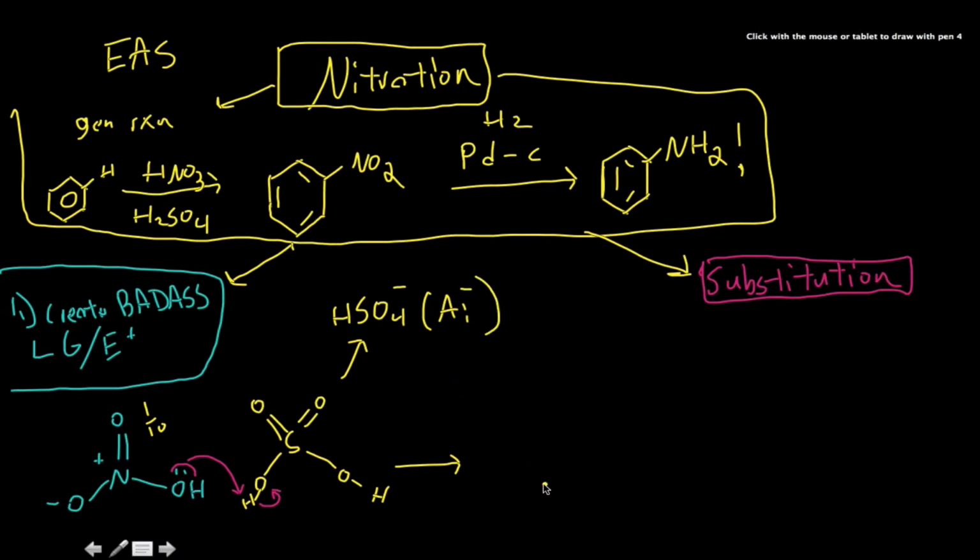And what we get out of this, though, is the most unstable thing, something that you're only going to draw this once. Never in a million years will you ever draw this again. So there's an N, there's an O, there's an O minus, there's a plus there. O, and that's a water group now. Okay, so we now have 2 positively charged molecules right next to each other.